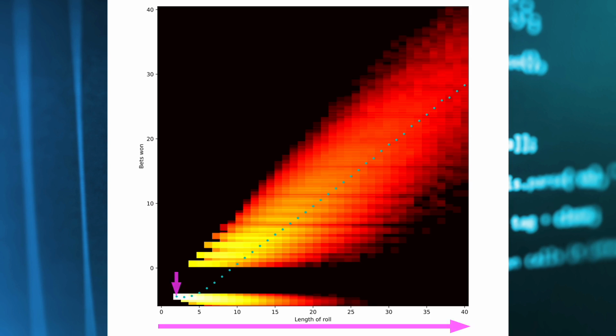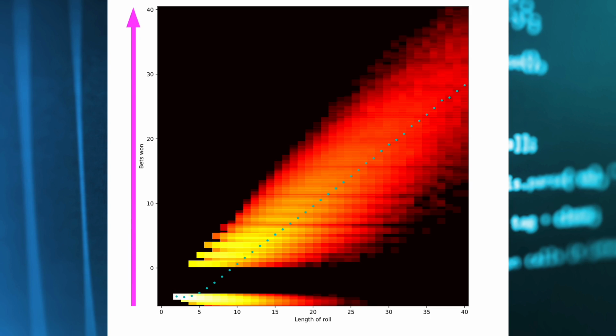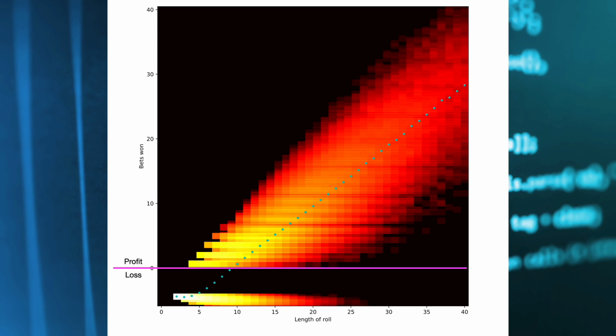On the vertical axis here is the number of bets won. Everything above 0 bets is a profit, and below 0 is a loss. So let's say we have a roll that goes on for 15 rolls and wins 10 bets. We'd go up from the 15 and over from the 10 to one specific point on the plot.